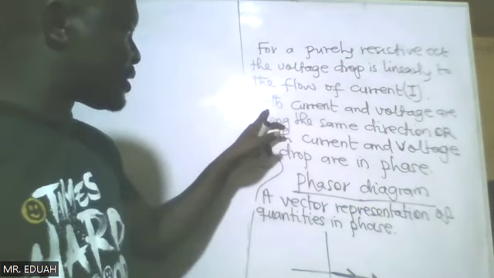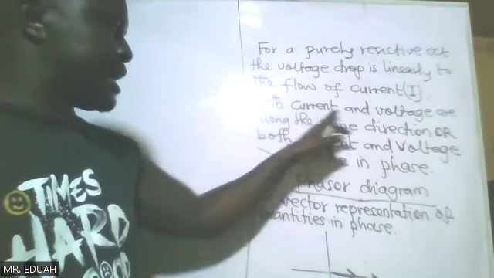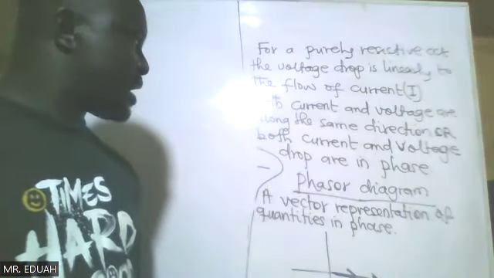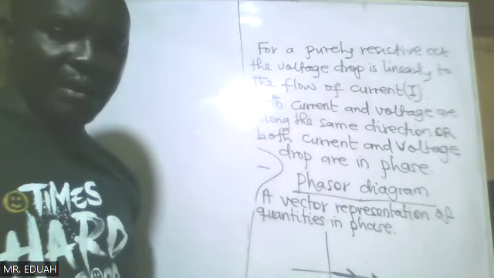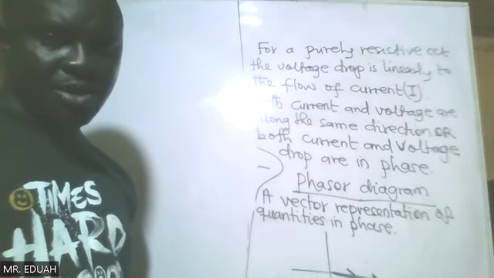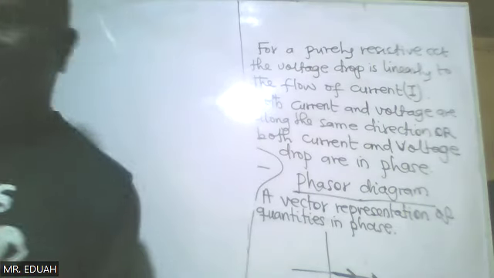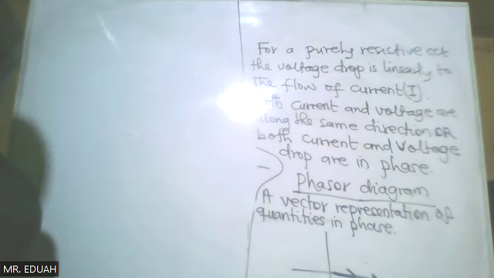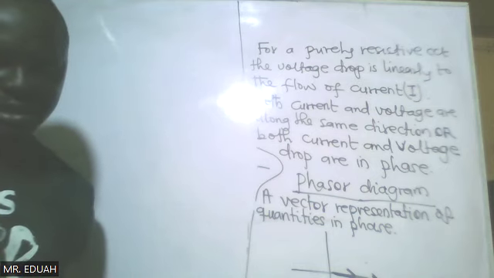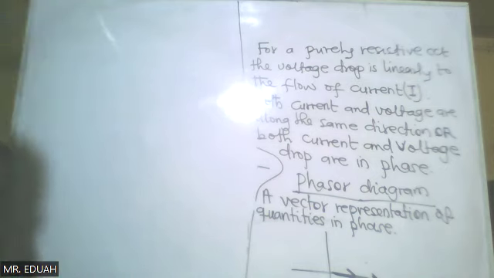I said both current and voltage are along the same direction. Let's say two quantities are in phase, can you say they move in the same direction?